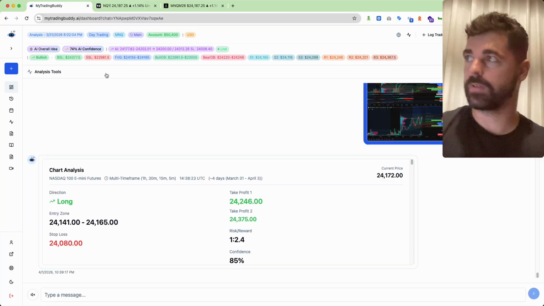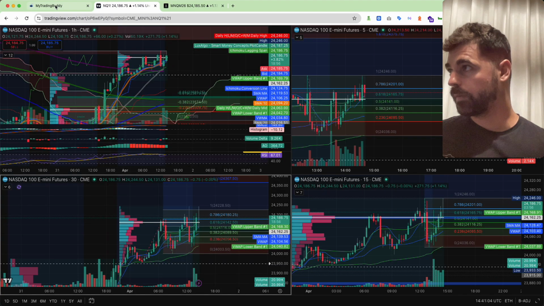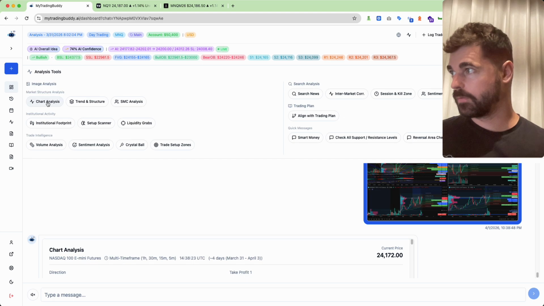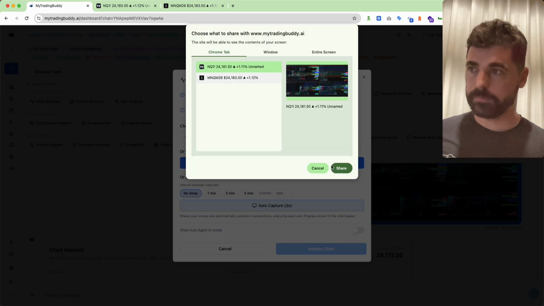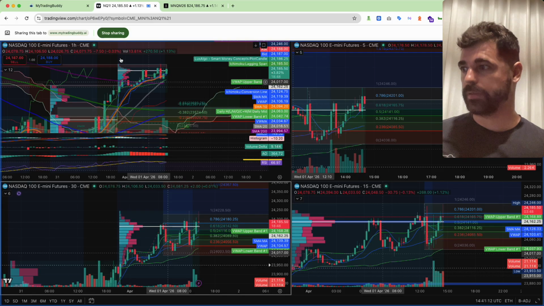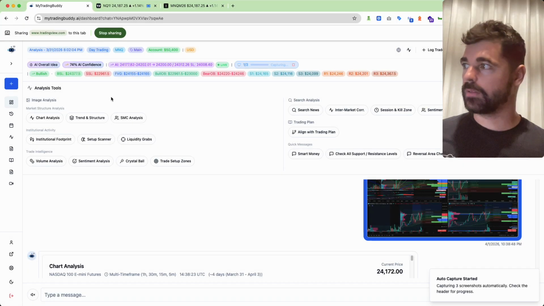But now you don't know if it's going to go past it or if it failed. I'll run some more. So chart analysis is the default one. I use this as the go-to. And then there's some smart money concepts one, trend structure, etc.